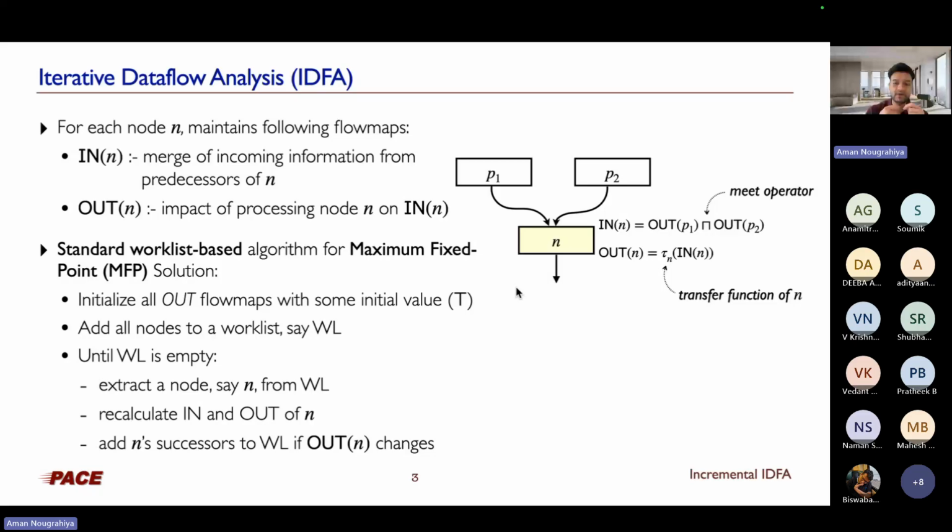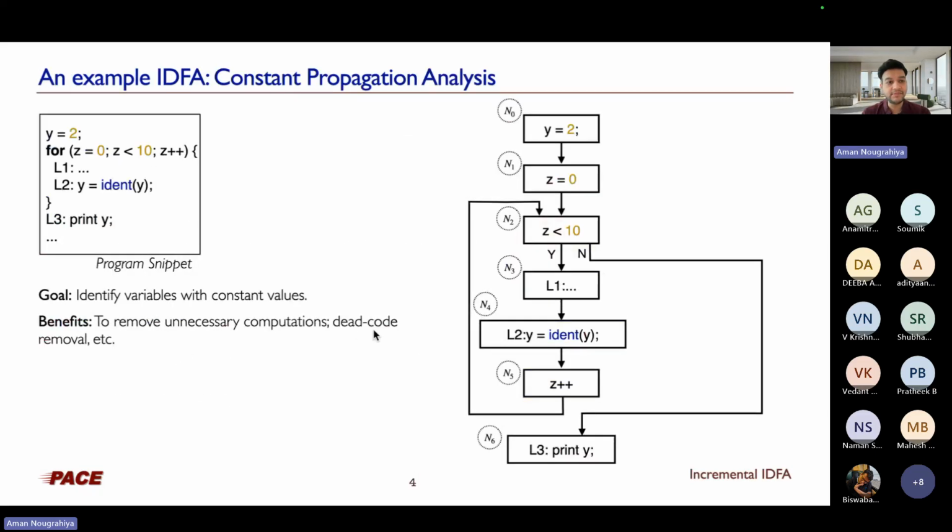When we extract a node, we recalculate its in and outflow maps. If the outflow map has changed, that means that node n has new information to propagate to its successors. So we'll have to process the successors again, and hence we add the successors to the worklist. We do this until the worklist is empty, and that's when we say that a fixed point has been reached. Here's a small example.